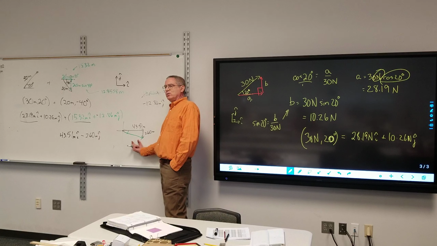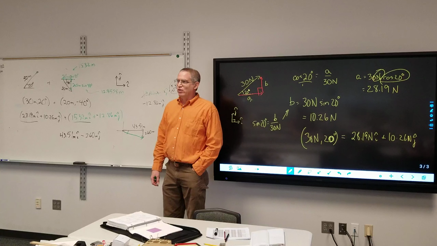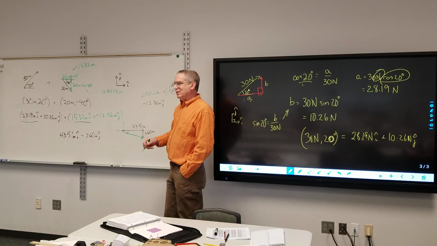How do you find the magnitude? A squared plus B squared equals C squared.